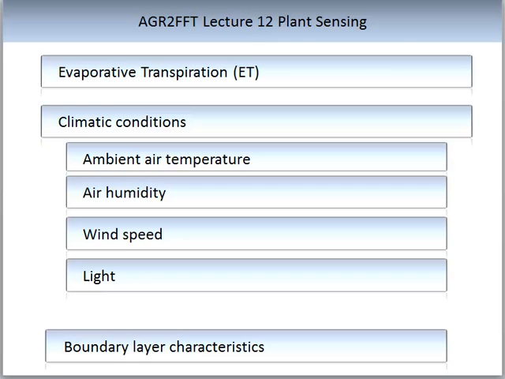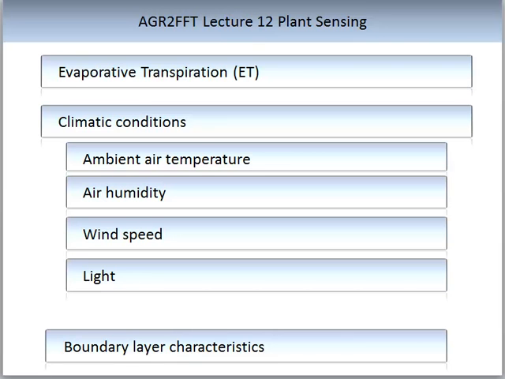Evaporative transpiration, or evaporative demand, is a measurement that allows you to calculate the theoretical water use. It does this by understanding how the climate conditions influence a plant's use of water. The climate conditions that are required to be monitored are ambient air temperature, air humidity, wind speed, and total radiation.